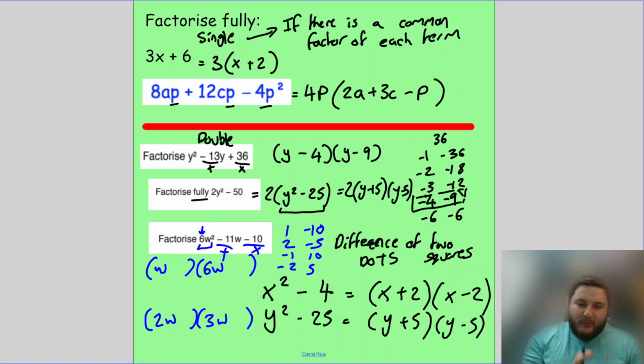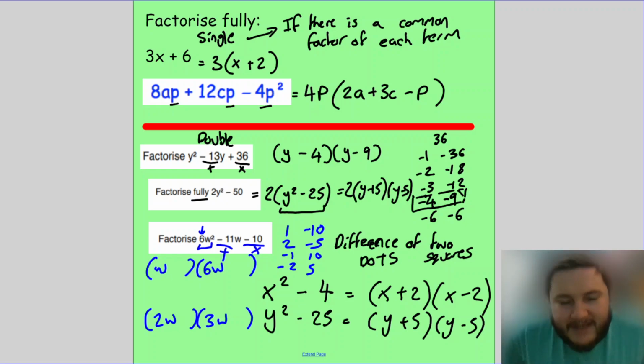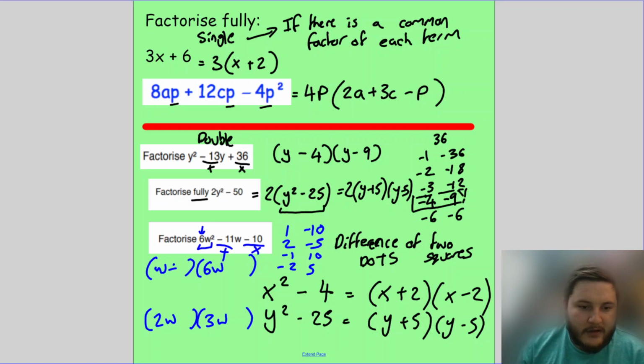Now, here's the problem, right? Whatever number you put here, for example, is going to get multiplied by 6, and then you add it to the other number to make that negative 11. Why? Well, if I was to do, let's just say, for example, right, this is probably not the answer, but let's just say, for example, it is this plus 1 and minus 10.